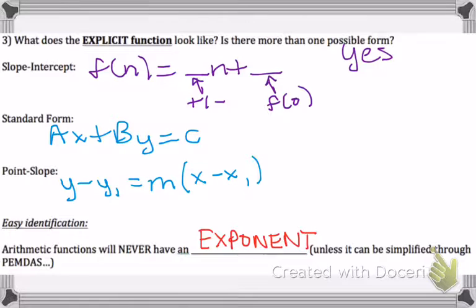Not at all, unless it can be simplified through PEMDAS. So, for example, you could have y equals 3x minus 2 to the third power. That's supposed to be a little 3 right there, which would be the same thing as saying 3x minus 8, and that would still be considered a linear function once you have simplified that.